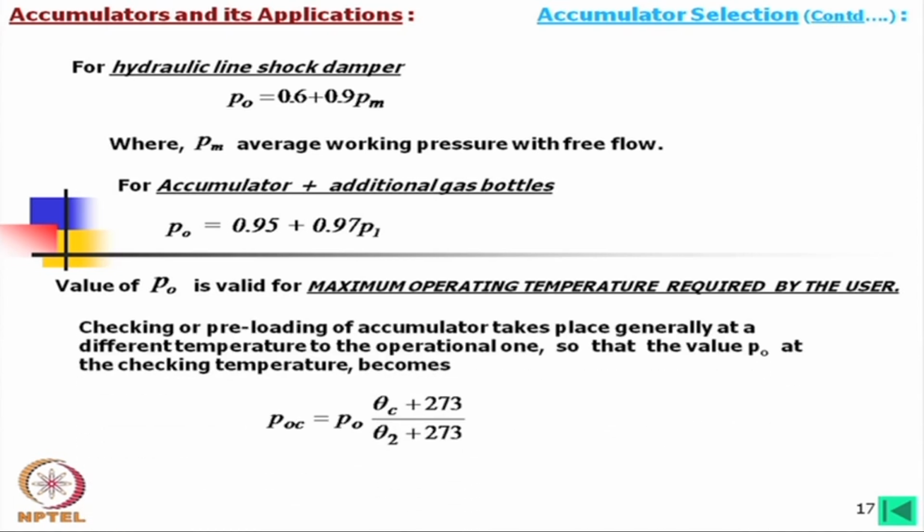Checking of preloading of the accumulator takes place generally at a different temperature to the operational one, so the value of P0 at the checking temperature becomes P0 times (theta c plus 273) over (theta 2 plus 273).